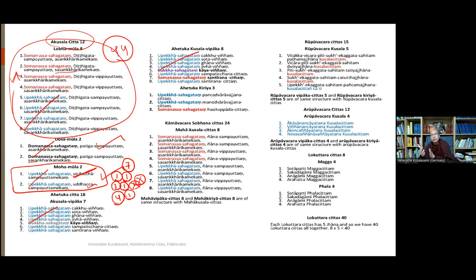So the other 25 beautiful mental factors cannot join with this delusion-rooted consciousness. Here, how many roots can you see? Only 1, moha. Moha root only. There's no lobha, no dosa, no alobha, adosa, and amoha. You understand?